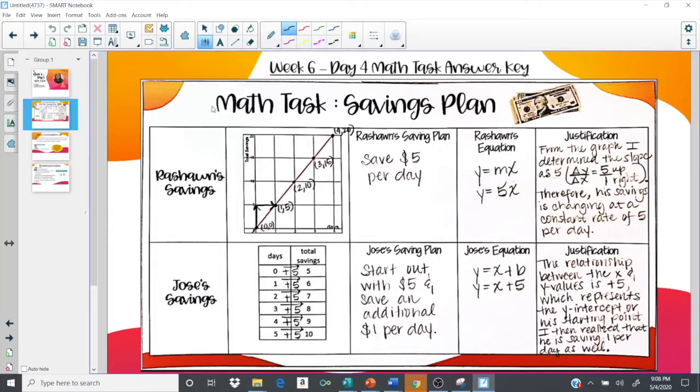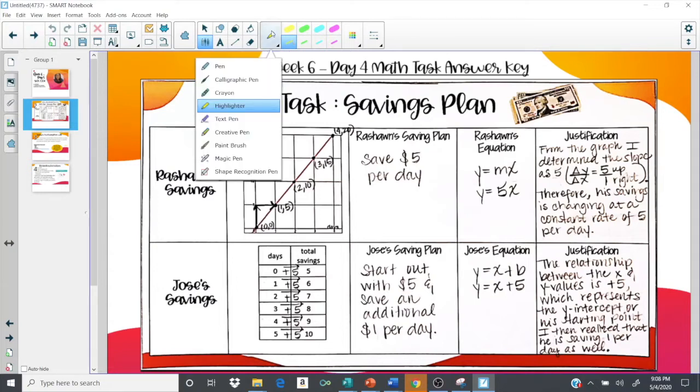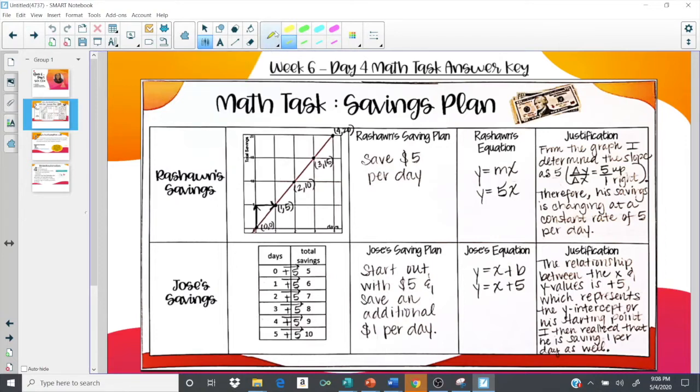To do this, we are going to start at the origin, and then we're going to move up five units, because we want to go from the origin to the point (1, 5), the first point.